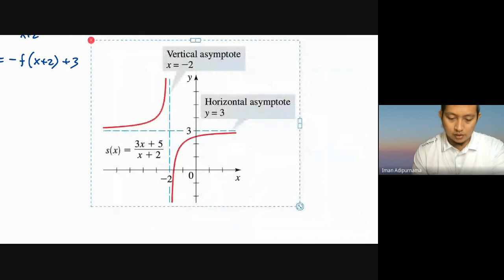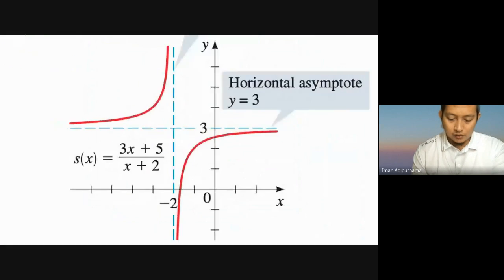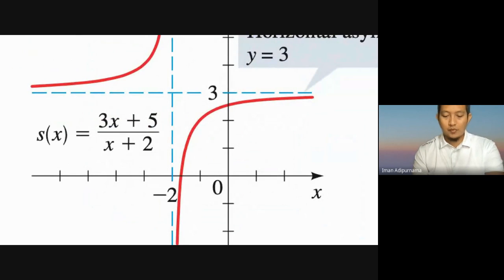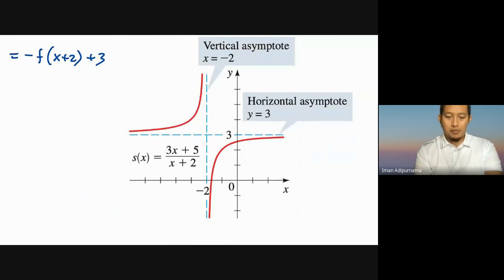Let me get close here. So first, remember the 1 over x. 1 over x is here, the original function. Maybe we can mirror first and it becomes like this, the green one.